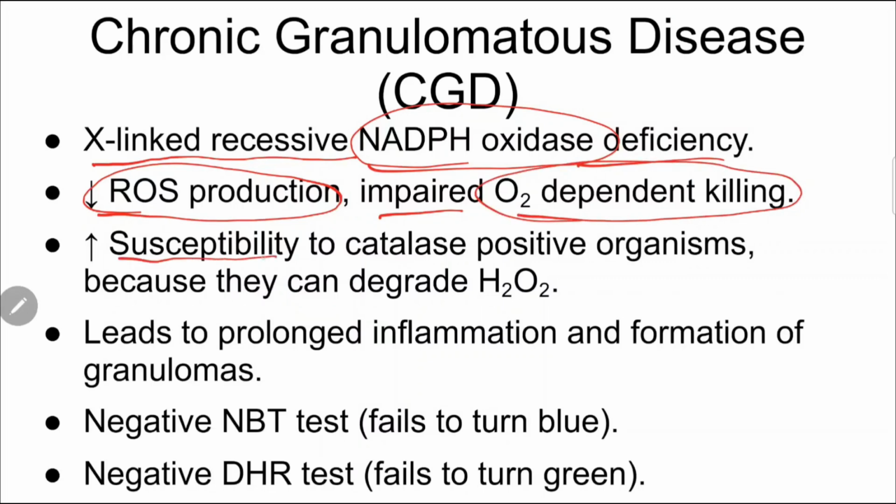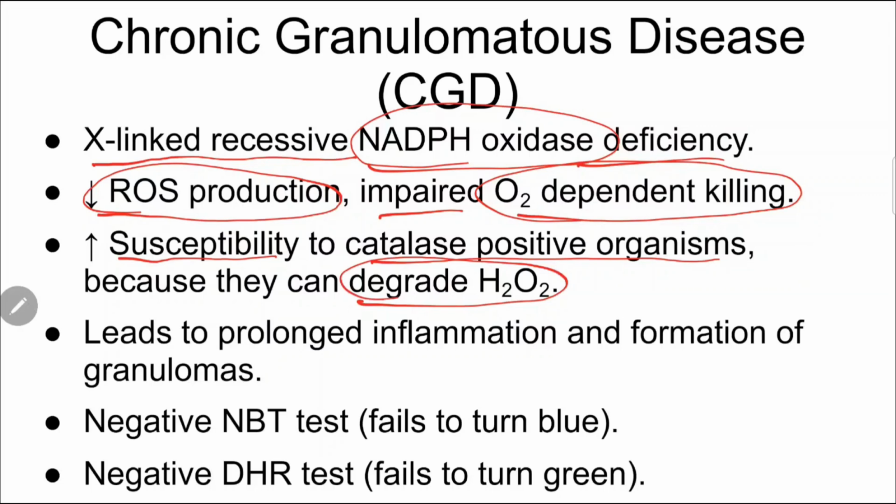There is an increased susceptibility to catalase positive organisms because they can degrade their hydrogen peroxide. So a few examples of catalase positive organisms which are high yield are Staph aureus, E. coli, Listeria, Candida, Aspergillus, right? There are many more, also Pseudomonas.